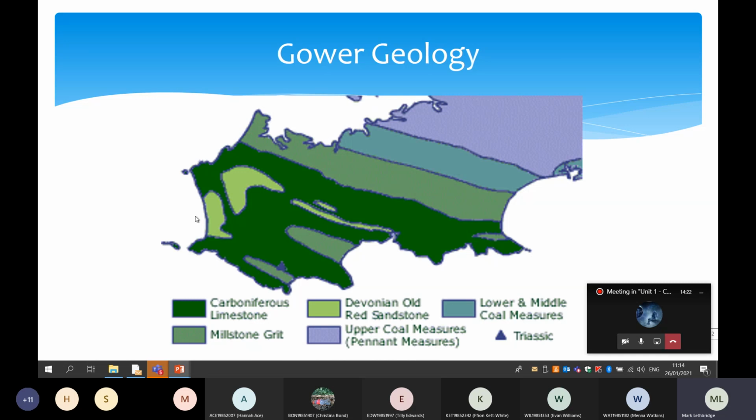Same goes if you look up at Rhossili. We have our Carboniferous limestone out at Worm's Head. As you drop down onto Rhossili Beach and Llangennith Beach, you end up in what we call Devonian Old Red Sandstone. Then as you go towards Burry Holms, you end up with Carboniferous limestone again.